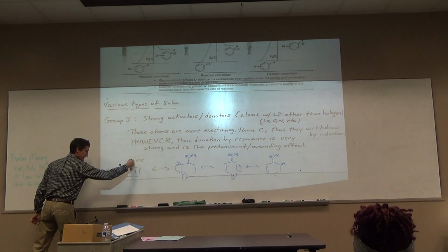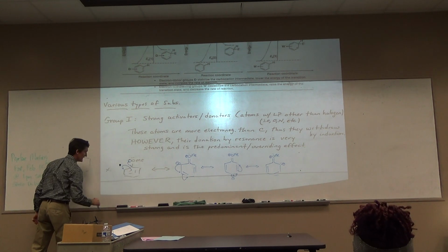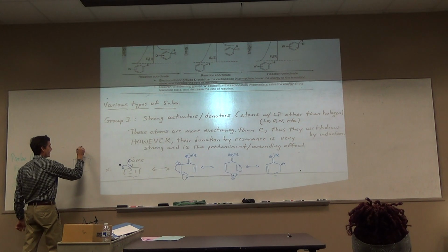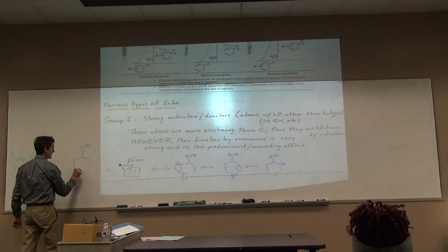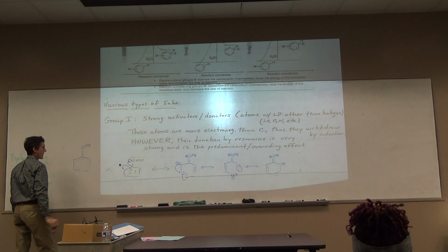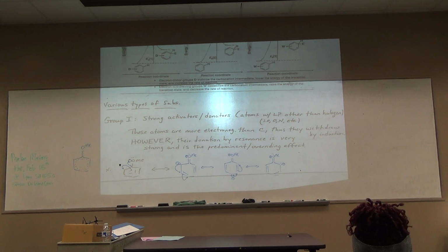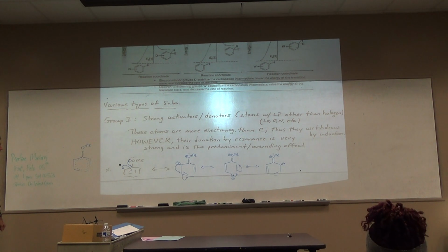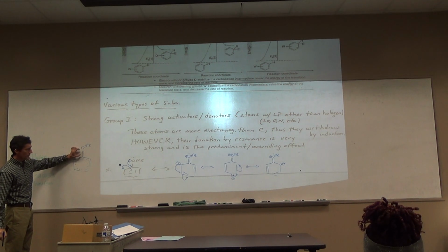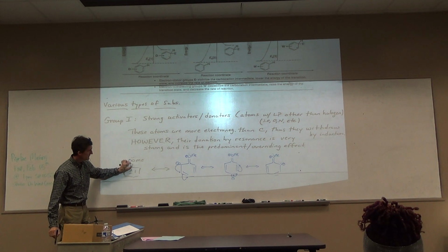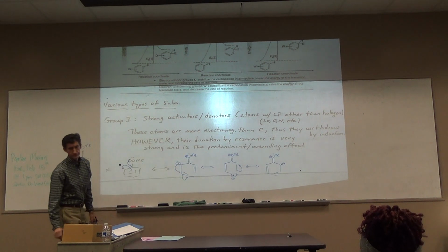If you could actually see this compound, it doesn't look exactly like that, because there's actually double bond character between the O and the carbon. We don't see it there, but we see it over there.